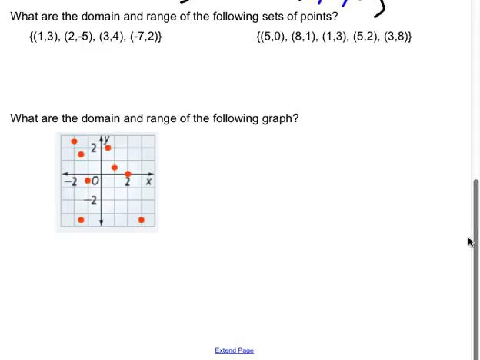So here, my domain, again, if I'm looking at a list of ordered pairs, my domain is all of the x values. So here I have a 1, I have a 2, I have a 3, and I have a -7.